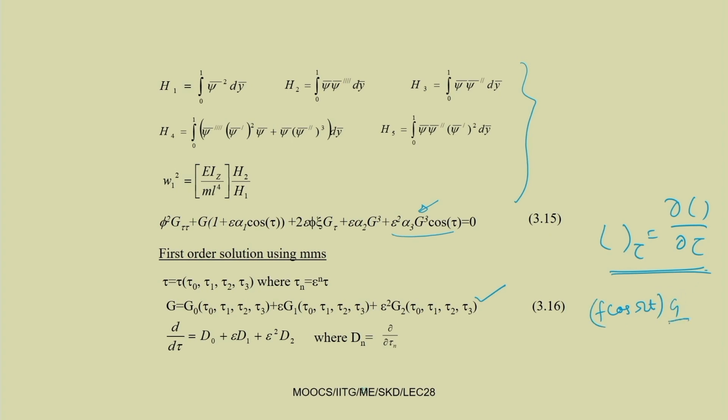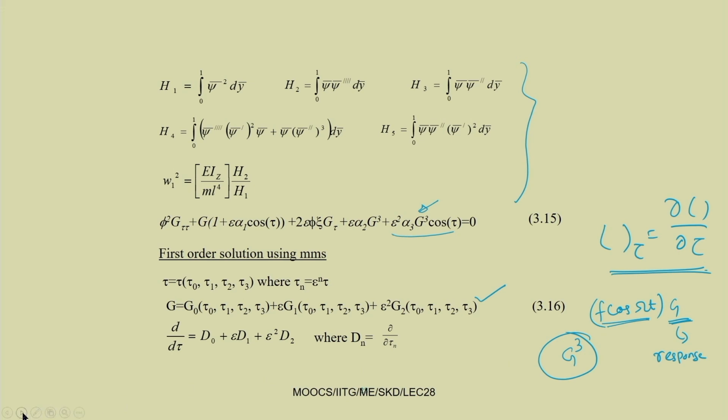This is the displacement term or the response term. So the coefficient of the response was a time varying term, but in this particular case it is not the coefficient of g, it is the coefficient of g cube, that is the nonlinear term. This is the basic difference between this equation and the Mathieu-Hill equation you have studied.